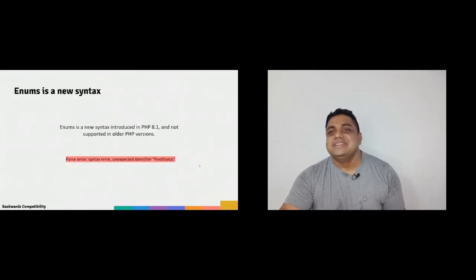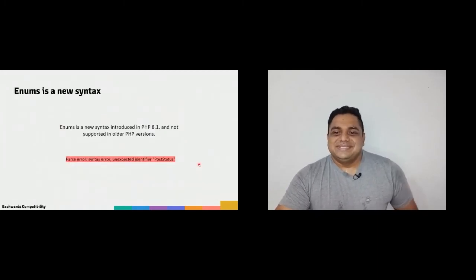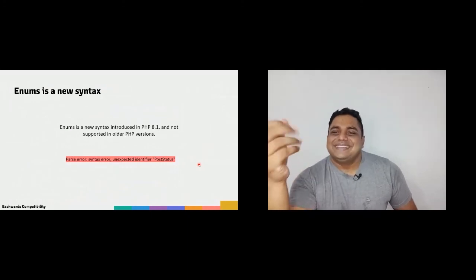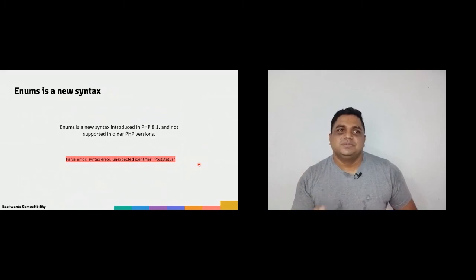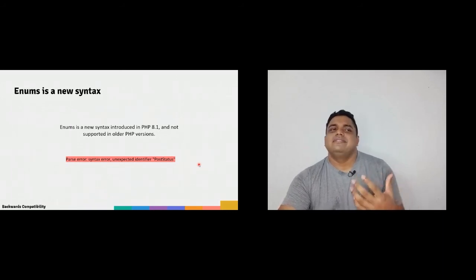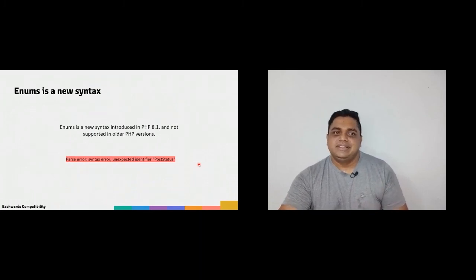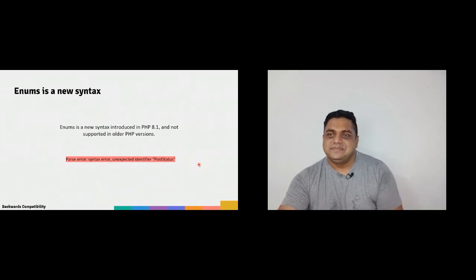And about backwards compatibility, this is a very short section because this is a new syntax. So on all the older PHP versions, say PHP 8.0 or PHP 7.4, or God help you 5.6, enums will not work. This is the thing with enums. If you use enums, you need to make sure that this code will only run on PHP 8.1 or later.